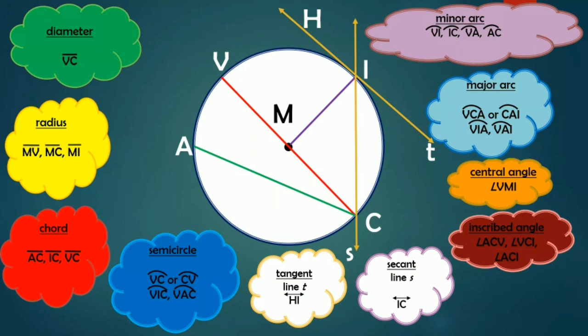A secant is a line that intersects the circle at 2 points. So the secants of circle M are line S and line IC. We hope that you will be able to identify all the parts of a circle, so you will be able to answer the activity in your self-learning module.